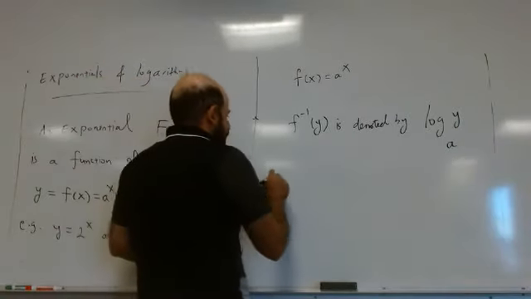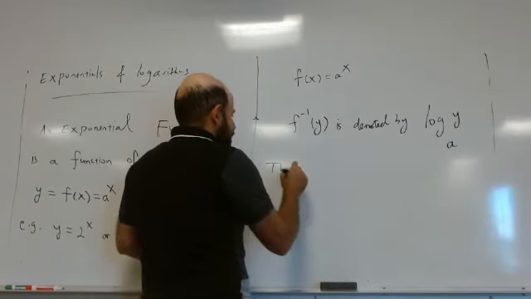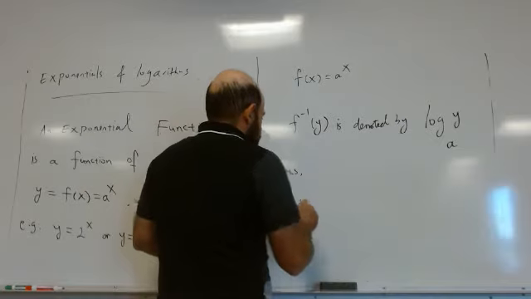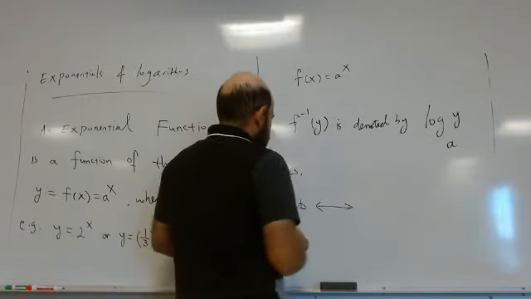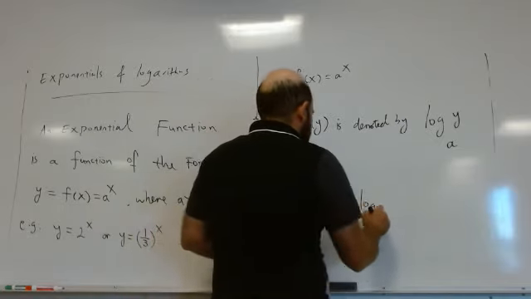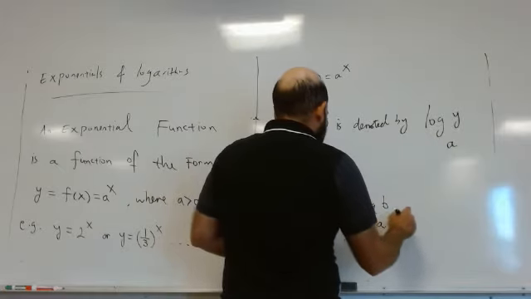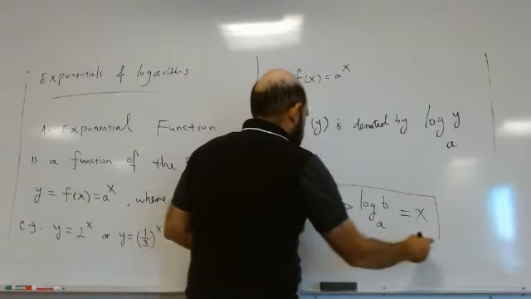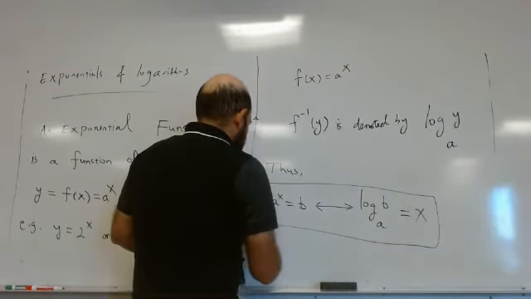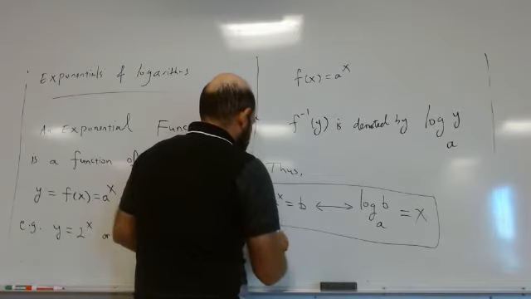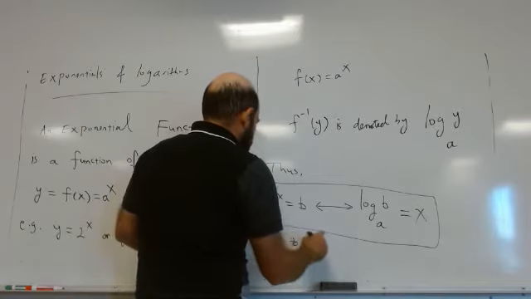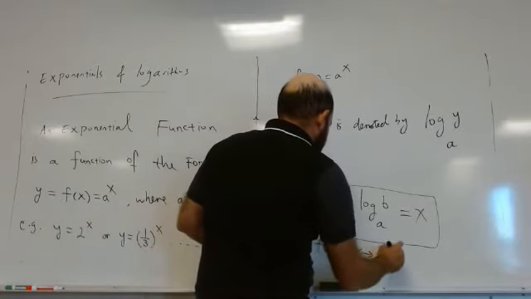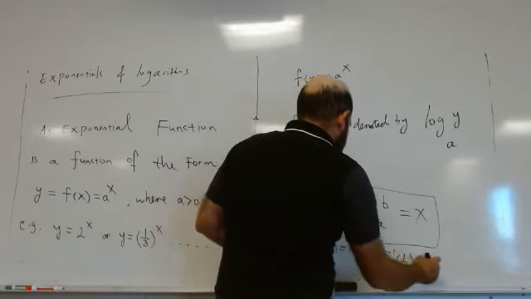Okay, so a to power x, let's say I call it equals b, right? So this is equivalent to saying that logarithm b in base a is equal to x. According to this, f of x equals b is the same as saying that f inverse of b is equal to x, right?